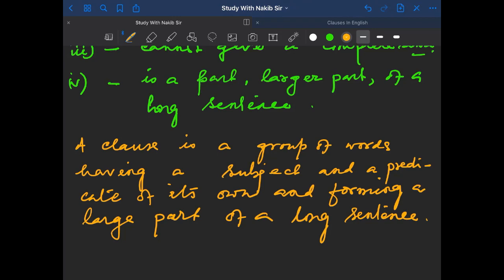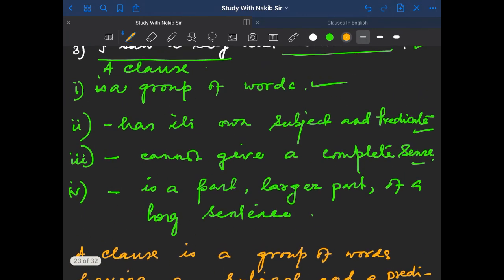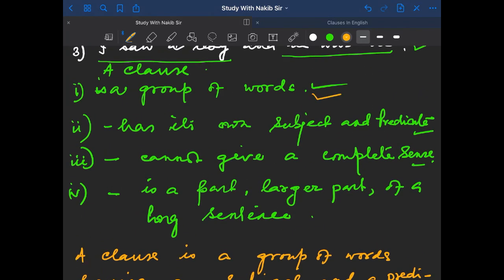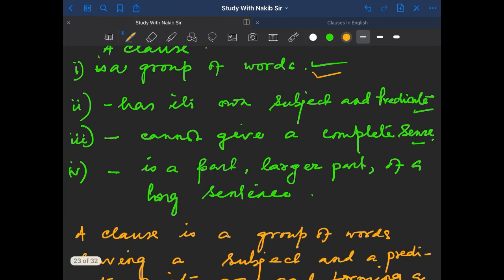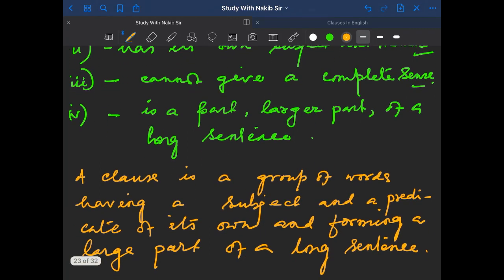Okay, a clause is a group of words. It has its own subject and predicate. It cannot give a complete sense and is a larger part of a long sentence.